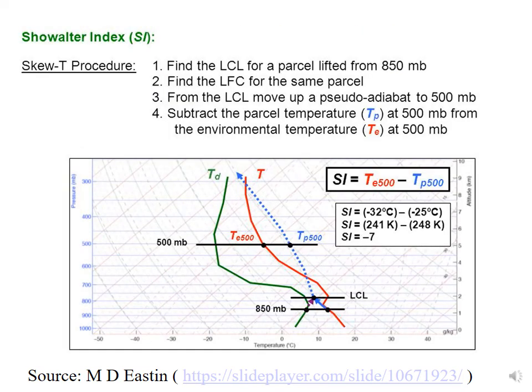So in this case, we just grab the air parcel at 85 kilopascals, lift it to the lifting condensation level, and then take it up the moist adiabat, and then compare the temperature of the air parcel at 50 kilopascals to the temperature of the environment at 50 kilopascals.